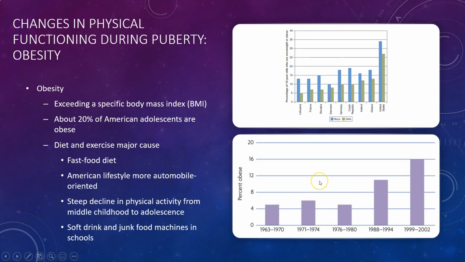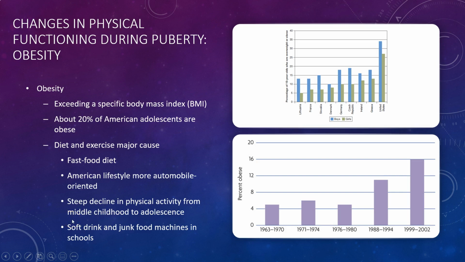And so you might think about what is leading to the cause of this increase in overweight and obesity. Could be the increase in fast food in our diets, our lifestyle being more automobile oriented versus walking around, a decline in physical activity from middle childhood to adolescence.